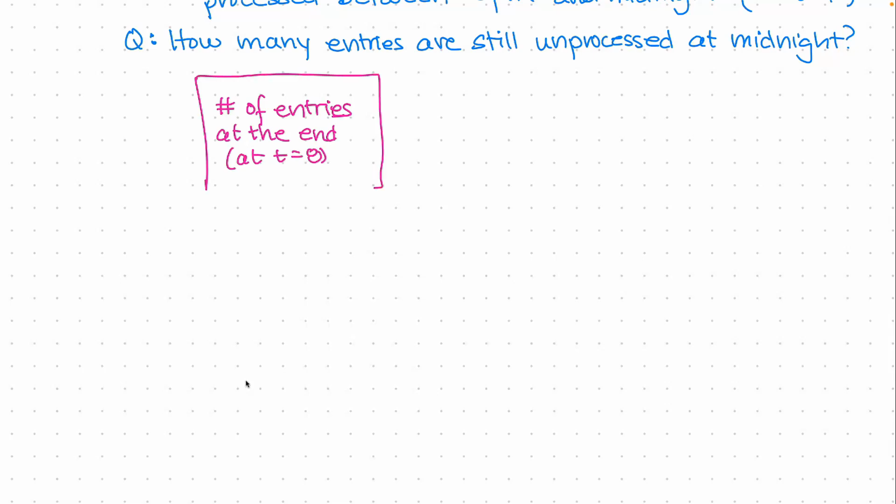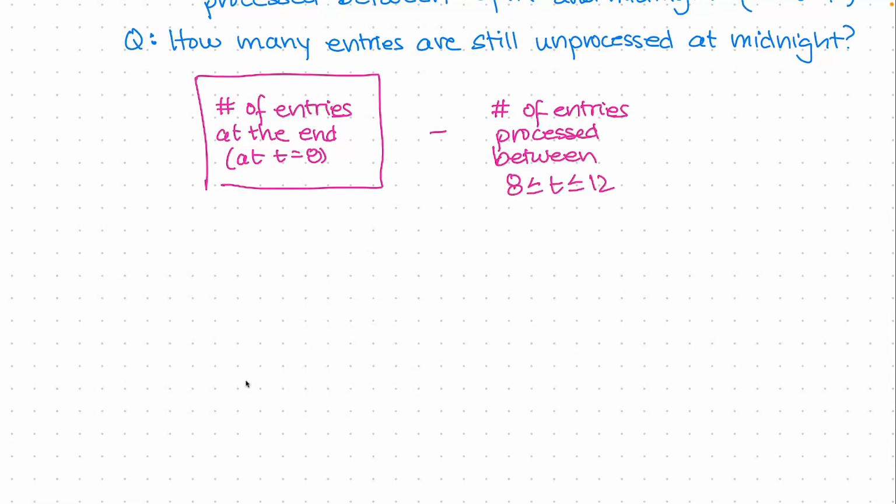We're going to take that and subtract the number of entries processed between 8 and 12. That's really what we have to do. Does that make sense? Now, this they give us. We know that that's 23. That's from the table.